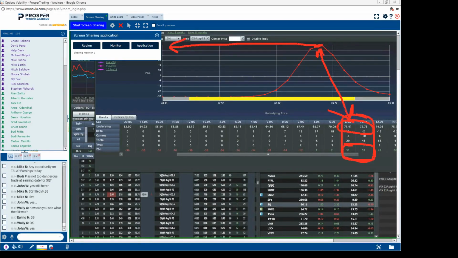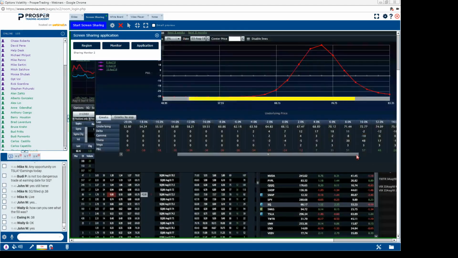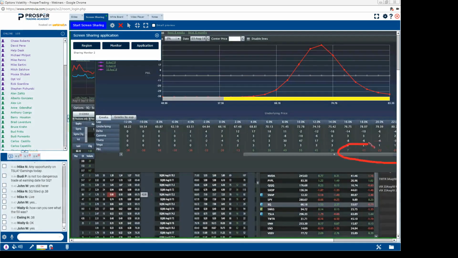But then, as we discussed earlier this morning with Garmin, if the stock moves too far to the upside, we could see a potential loss. And that would be due to the loss of extrinsic value or premium.